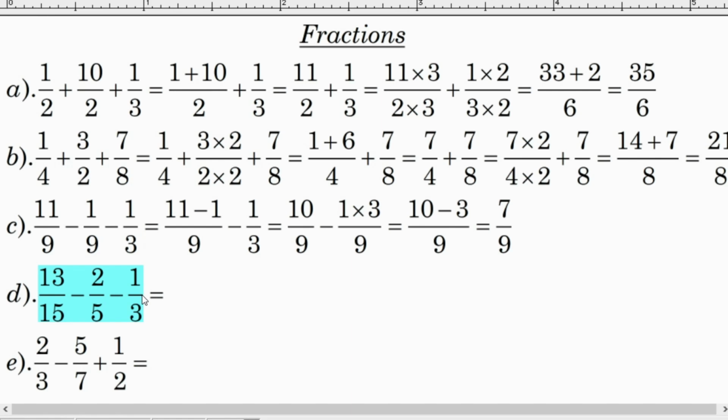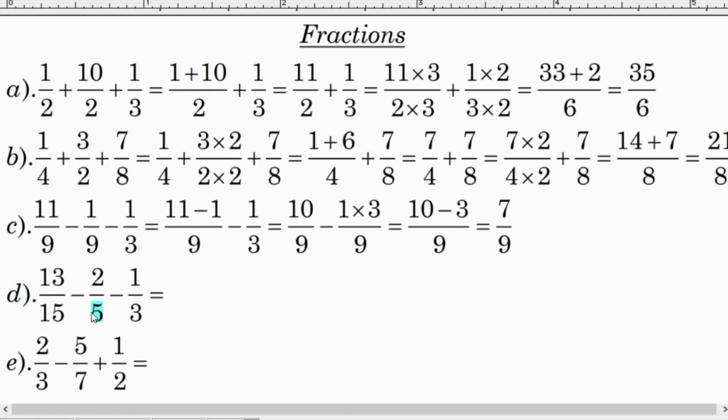But in order to make it easier for us to understand, we just calculate only the first two fractions. So let's find the same denominator for the first two fractions. So let's think about number 5 here. When we multiply with 3, that will be equal to 15.